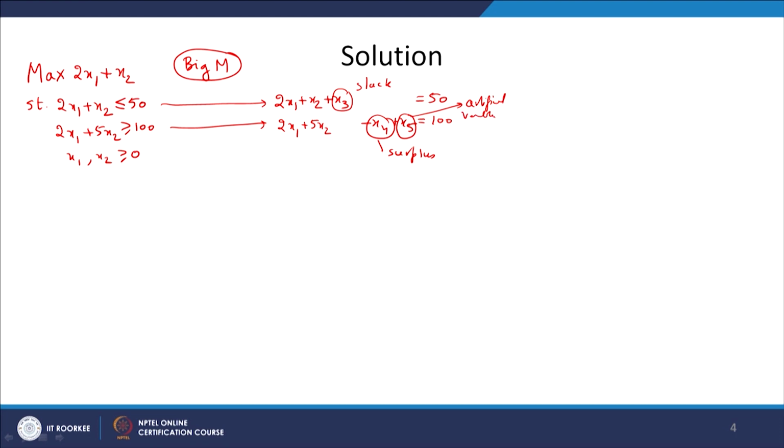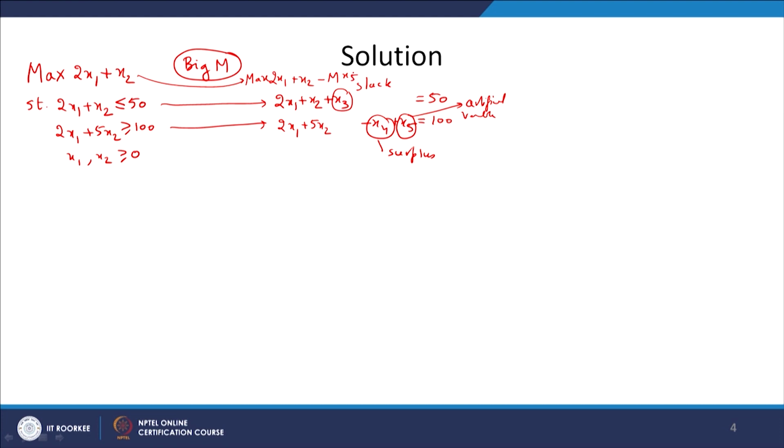And since we have incorporated the artificial variable, the objective function has also to be modified as follows: maximize 2x1 + x2 - M x5.